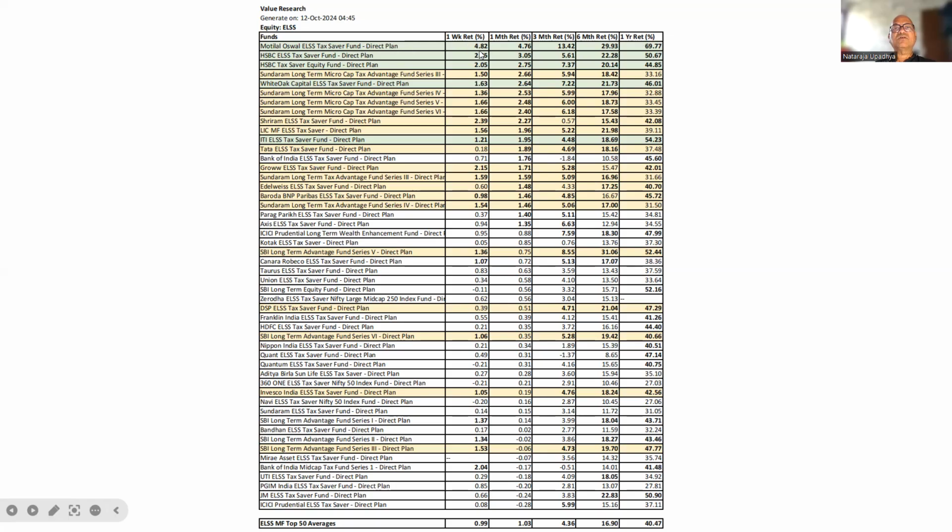And it also got 4.82% for the week. So it is in a bullish mode. Other ones with above 2% return among green are HSBC ELSS Tax Saver Fund, HSBC Tax Saver Equity Fund. That's all. And there is one or two among the amber with above 2% return for the week: Shriram ELSS Tax Saver Fund, and one more is Groww ELSS Tax Saver Fund.